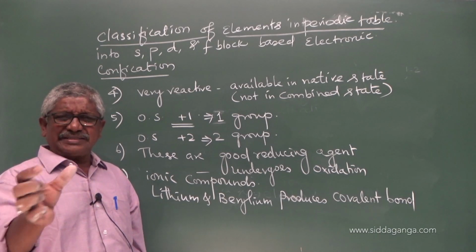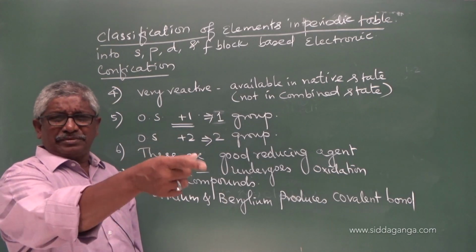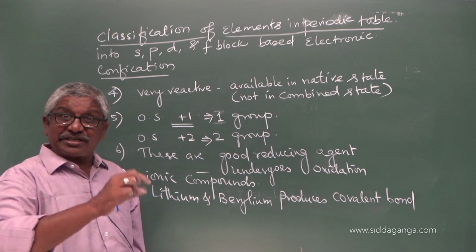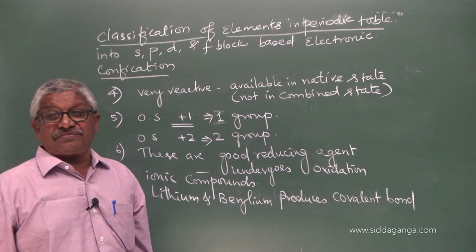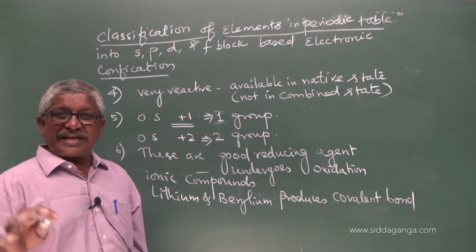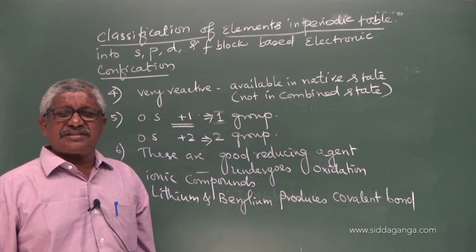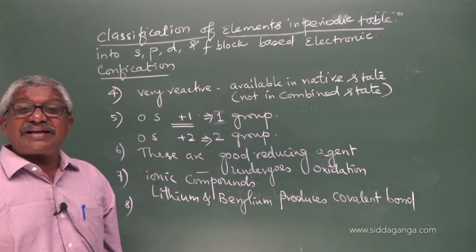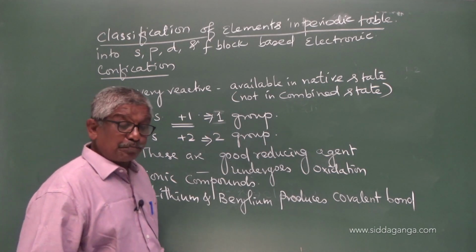Halogens require one electron to become the electronic configuration of noble gas. Noble gas, inert gas, passive gas, aerogens, everything is the same. So these are the general characteristics of the S block. Next we will move to P block.